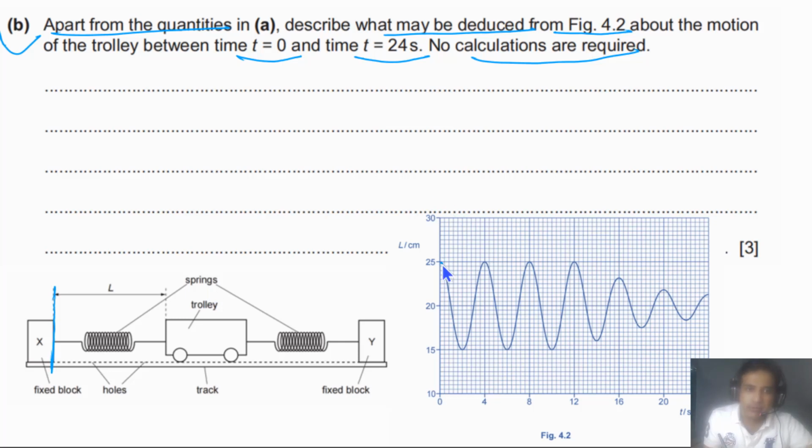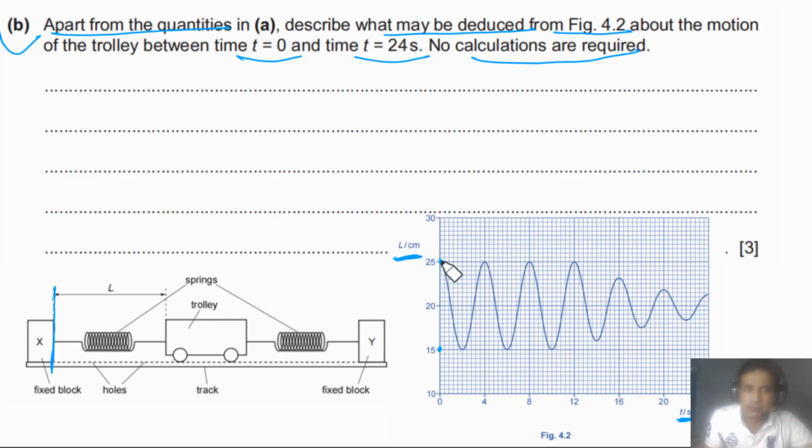If you look at this given graph, we can see the initial position of the trolley is 25, meaning L is equal to 25. The maximum value of L is 25 and the minimum value of L is given, that is equal to 15. We have L on the y-axis and t on the x-axis. It means it is oscillating between two values of L, 25 and 15.